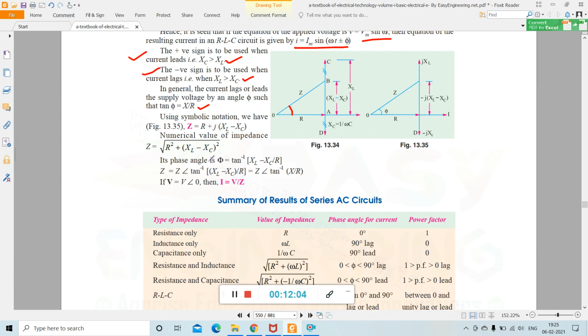By using symbolic notation, if we represent this in complex notation form, what are the expressions? That is Z equals R plus j(XL minus XC).